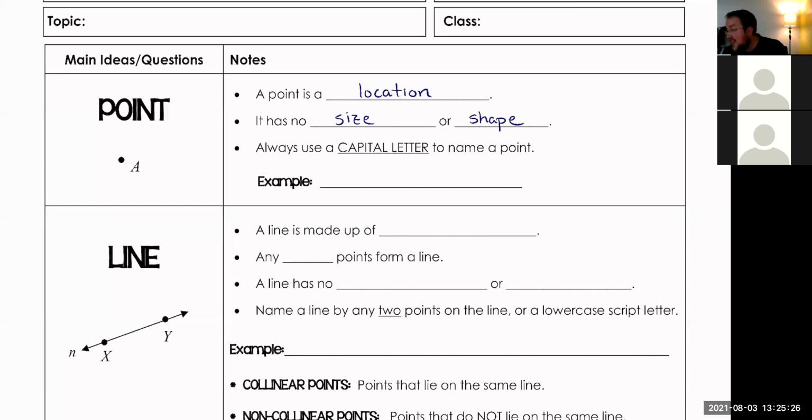We always use a capital letter to name a point. So an example there on the image next to it, we have point A. There's no, or at least not that I have found, little symbol or mark that you can use to say point. Usually it's just the word point.